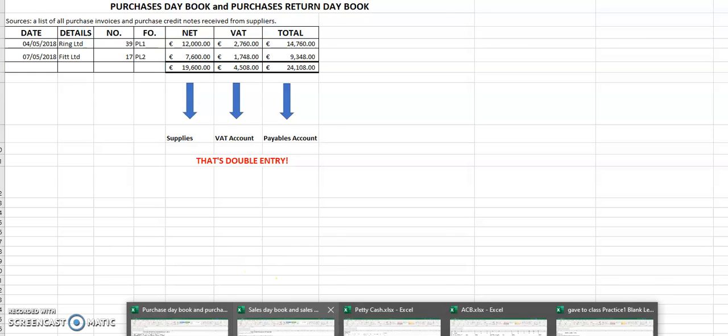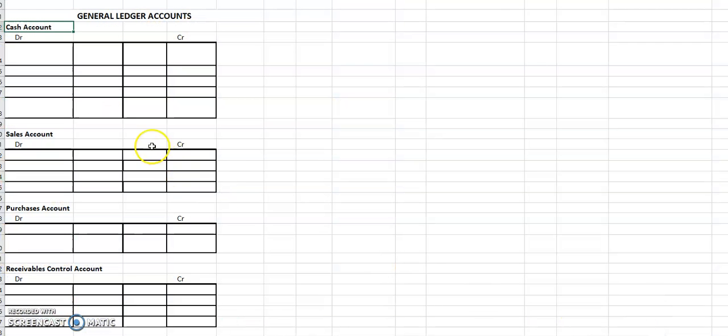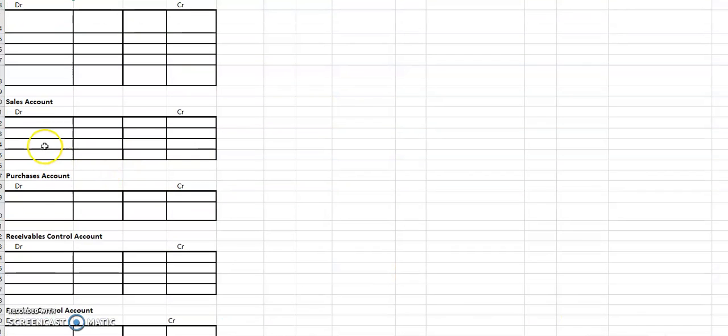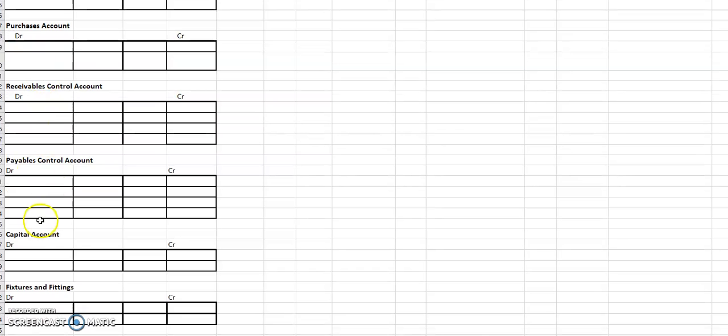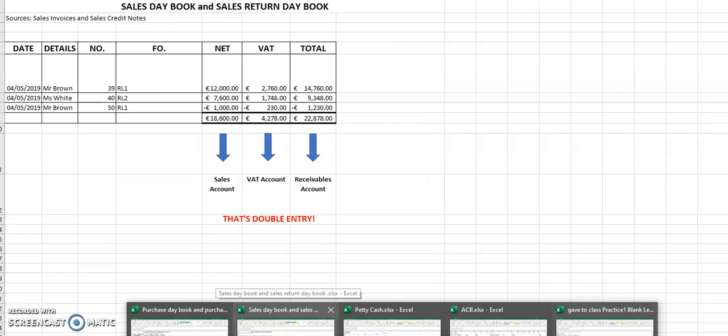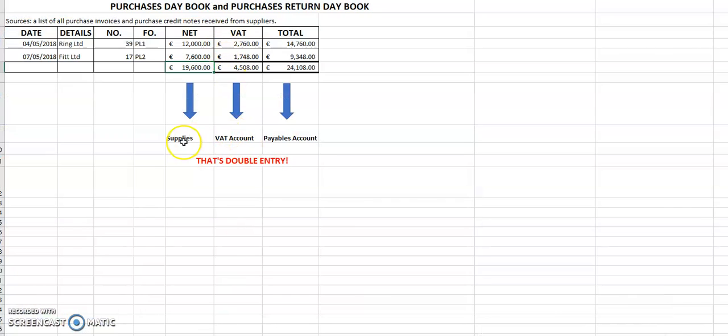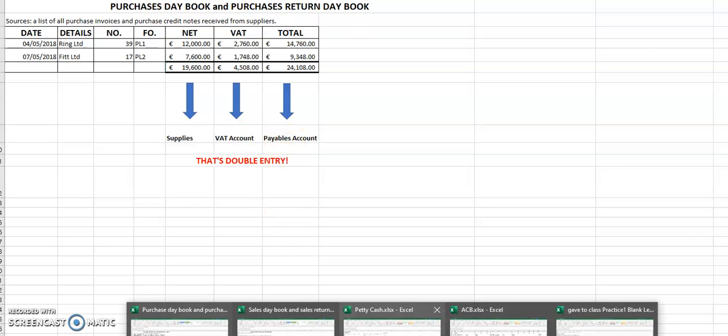So just to show you what I'm talking about, this is the general ledger. So here we've got the sales account, the purchases account, receivables and payables. So this is what we're talking about here. That's where they'll go. Supplies, VAT account and payables account. Okay, next.